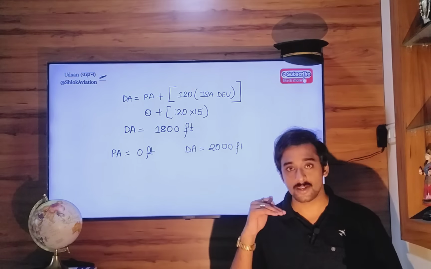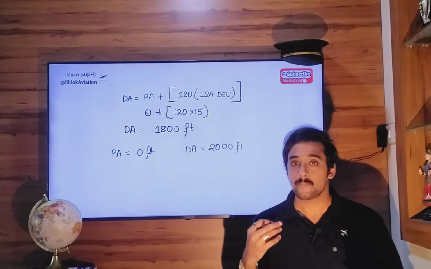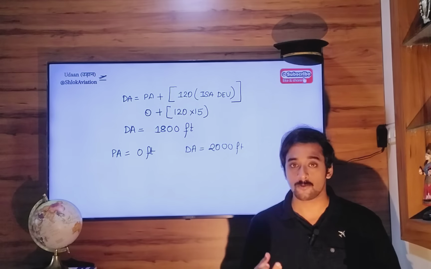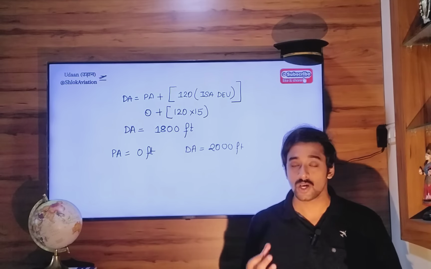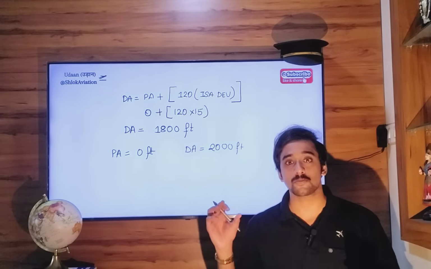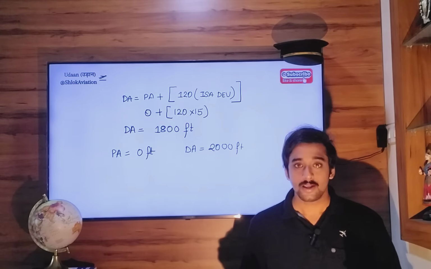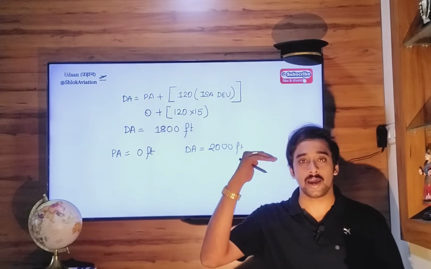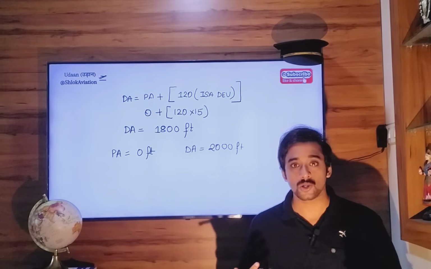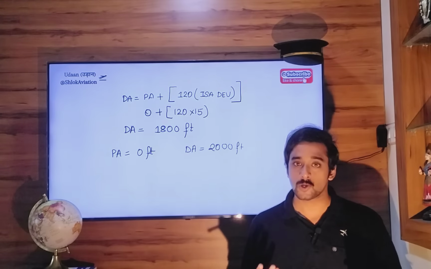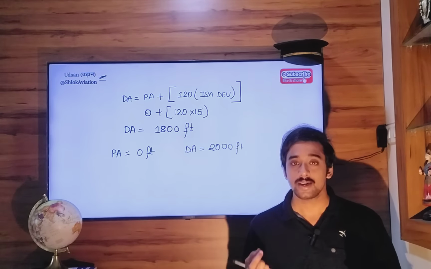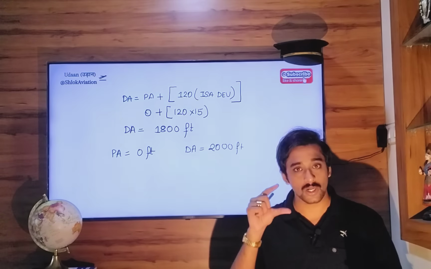That means your aircraft is positioned at mean sea level, but the performance that it will produce will be equivalent to performance produced at 2000 feet. Now we all know that as you go to higher and higher altitudes, atmospheric pressure goes on decreasing. With decreasing atmospheric pressure, the density of air, that is the thickness of air, also decreases.